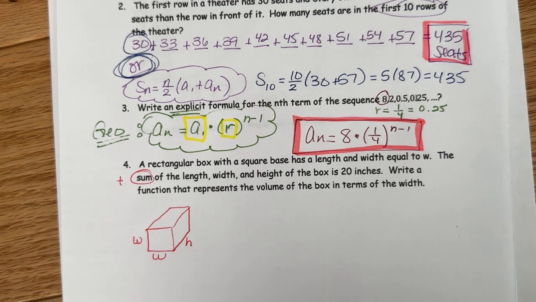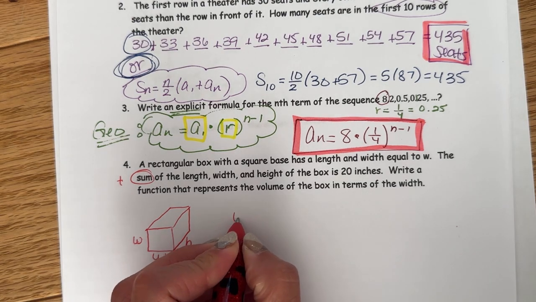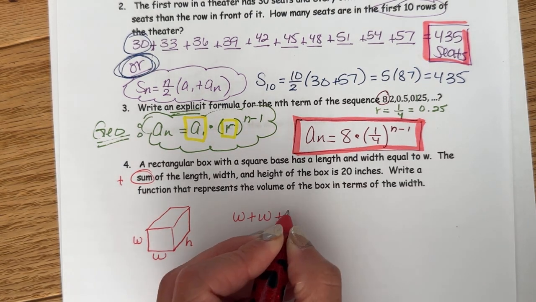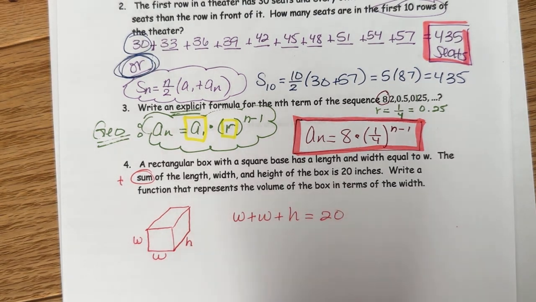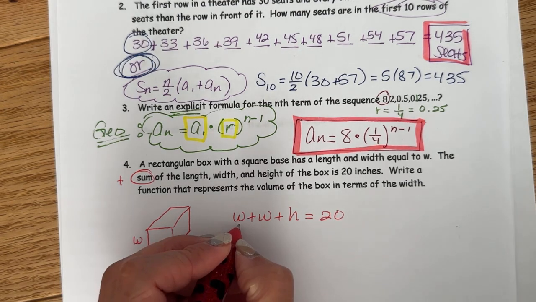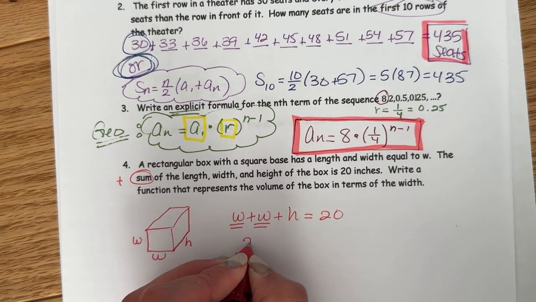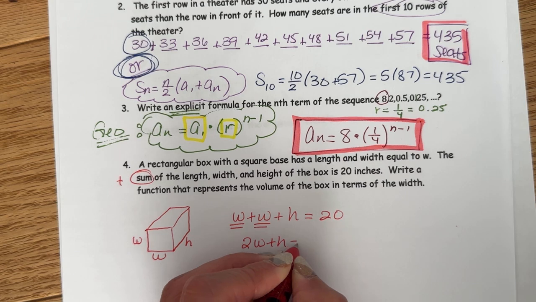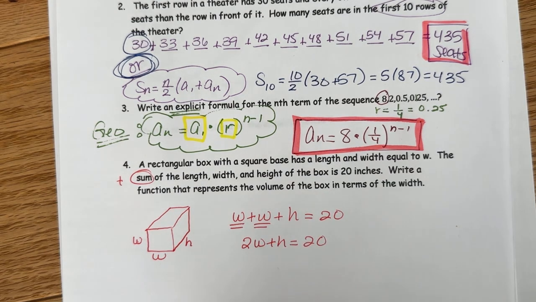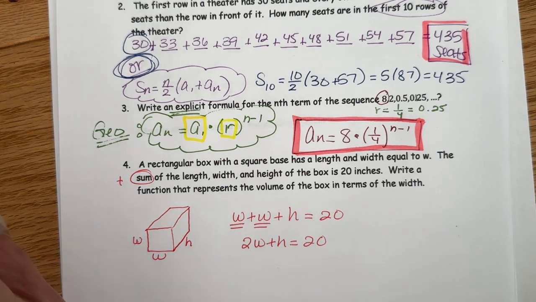So these 3 dimensions add up to 20 inches. Well, then we can combine like terms. So 2W plus H equals 20. And let's keep it there for right now. We'll come back to that one.